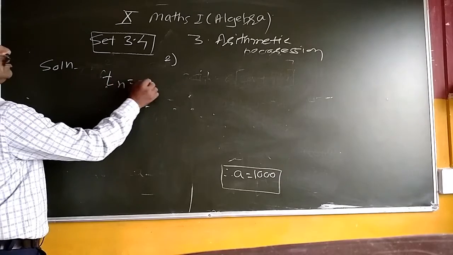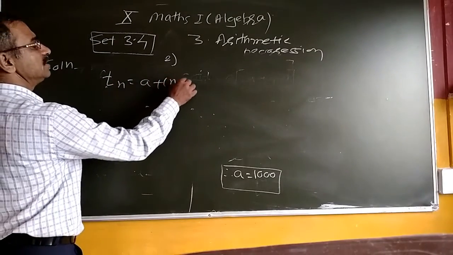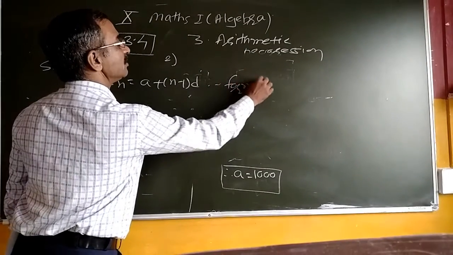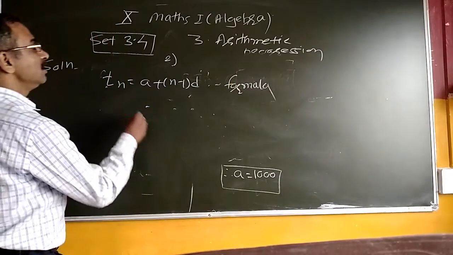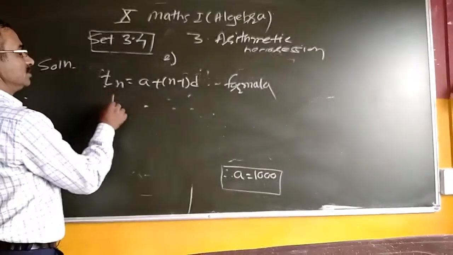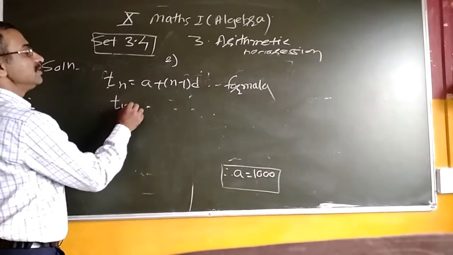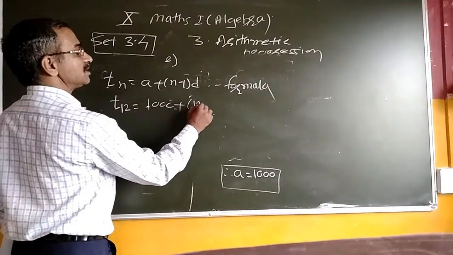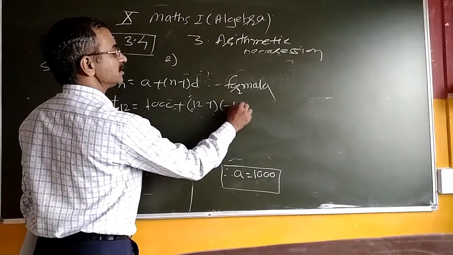So Tn is equal to a plus n minus 1 d, the previous formula. By using this formula and putting the values of a, d and n, T12: n's value is 12, a's value is 1000 plus 12 minus 1. d's value is minus 40.